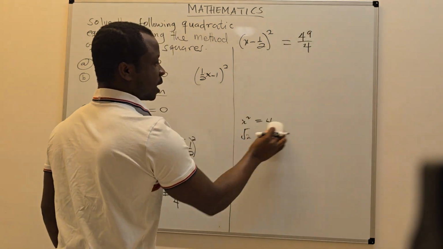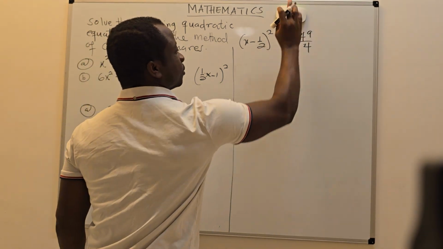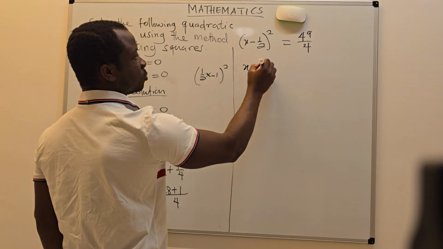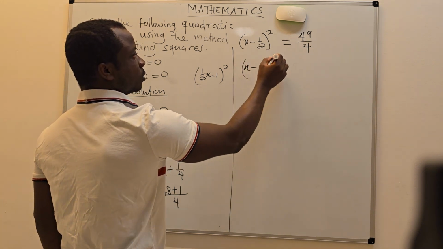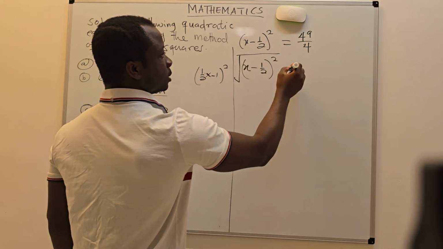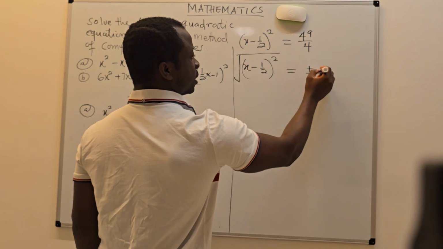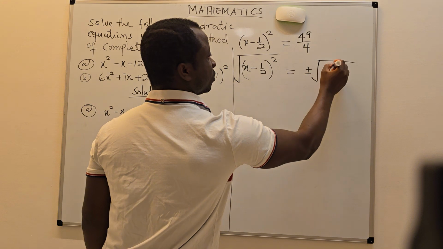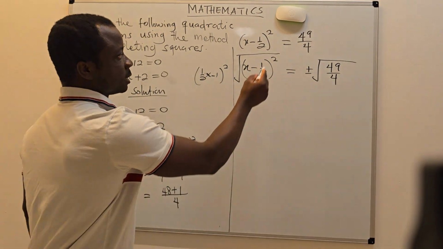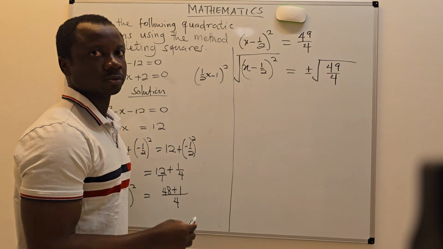So we are going to have x minus 1 over 2 all squared with the root of it. Then the same thing, plus or minus root of 49 over 4. We are going to do that because the square will cancel the square root.